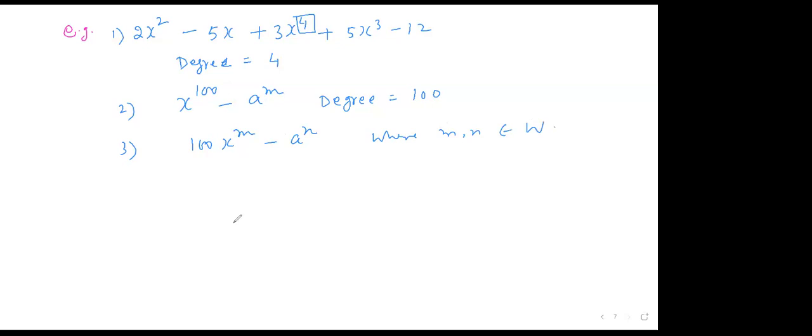What is the degree of the polynomial? The degree is m. Okay, m only, not n. Degree is the highest power of the variable, not the constant. Degree is m.